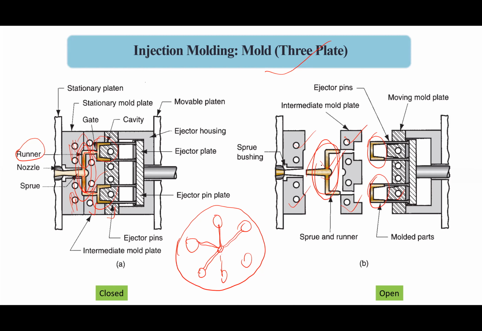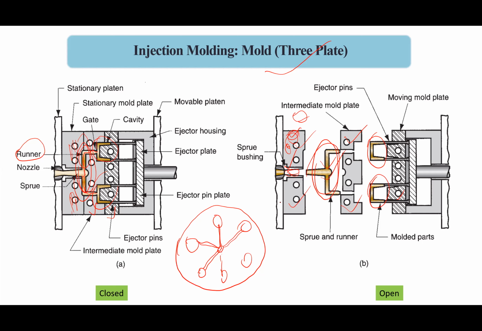Do you have any question here? What is the function of the sprue bushing? The sprue bushing is in the fixed plate. Since this place is subjected to high temperature, the fixed plate is made of a material with less strength or less temperature resistance than the sprue bushing.